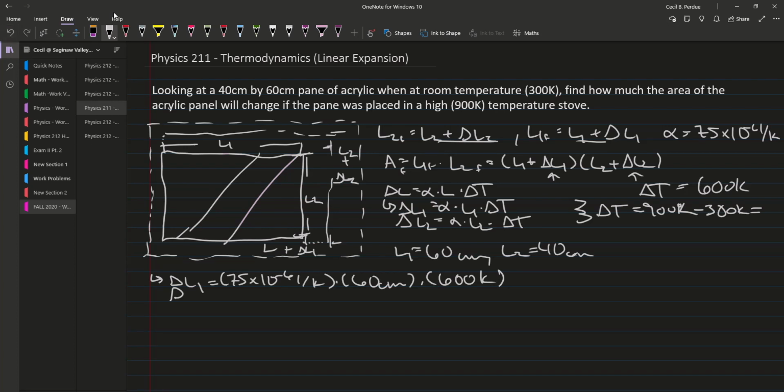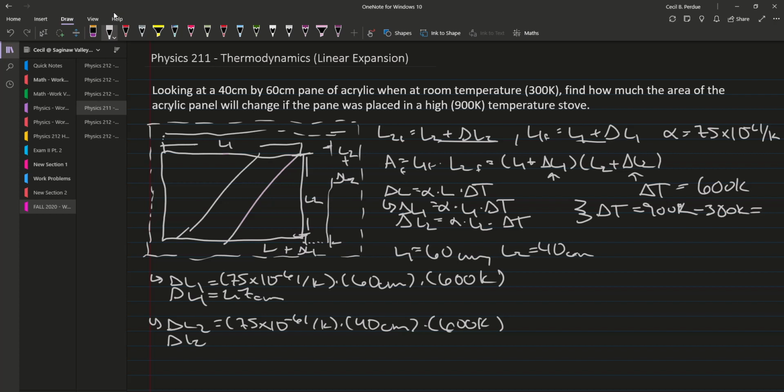If we plug this into a calculator, the change in L1 is going to be equal to 2.7 centimeters, and then the change for L2 is going to be 75 times 10 to the negative 6, 1 over Kelvin, times 40 centimeters, times 600 Kelvin. Thus, the change in L2 is going to be equal to 1.8 centimeters.